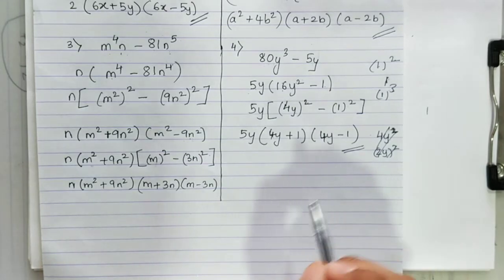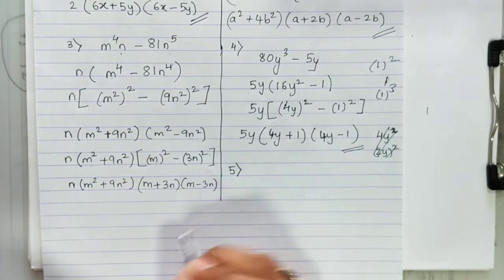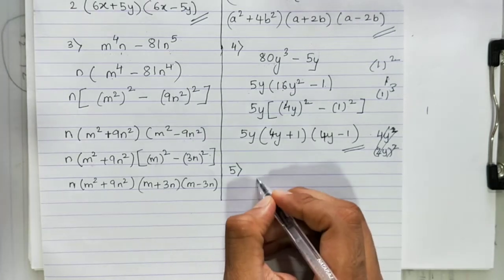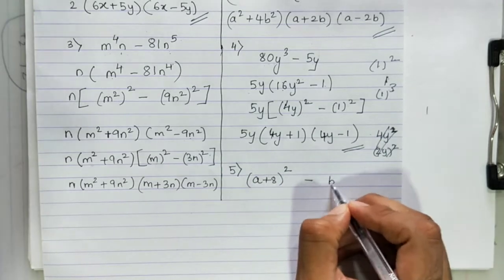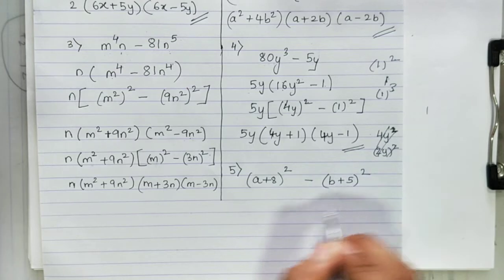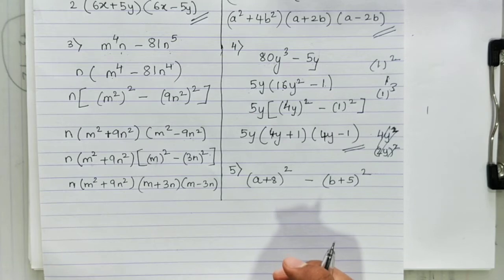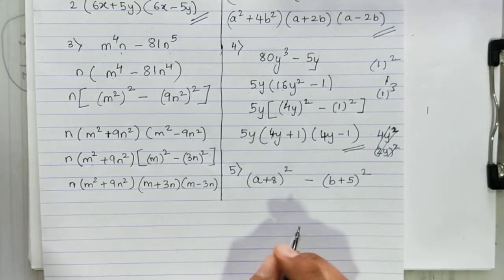Pay attention, and if there is a confusion, rewind the video and watch it again. Okay. Copy the sum. Next, fifth sum.